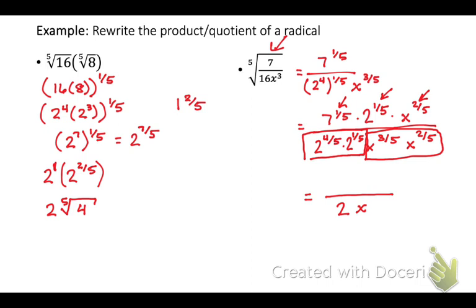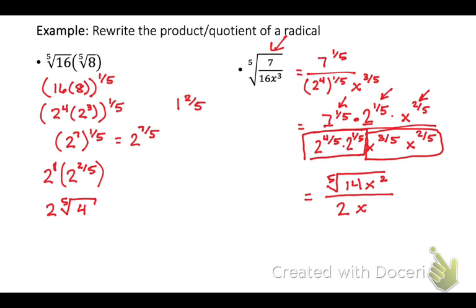No. So I have the fifth root of 7 times 2, which is 14, because it's multiplication, times x to the second. You can say x squared or x to the second.